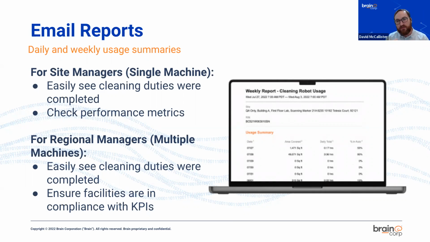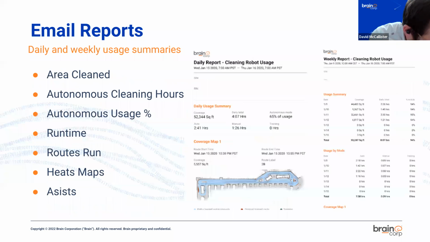It will push email reports to your inbox, and we have 2 flavors at this point: a daily and a weekly report. And again, we see different applications where we could have a single site report or a regional, or a group of sites. It really lets you know from a push perspective what's been going on.